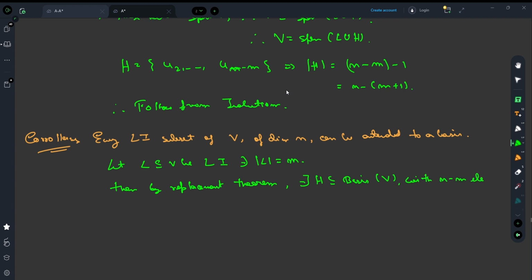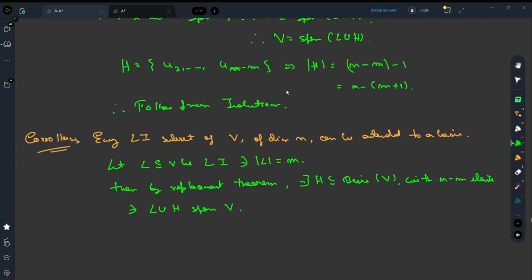And what is the number of elements which H will constitute? It will constitute n minus m elements such that L union H span V, right? But observe that L has m elements, H has n minus m elements.